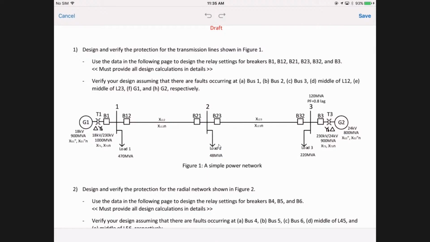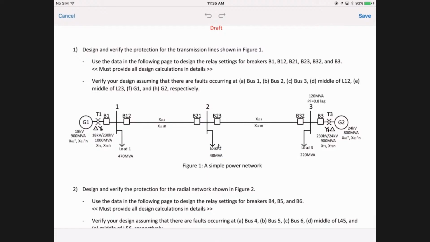So you do the analysis in one common unit, so it's easier to do the calculation.